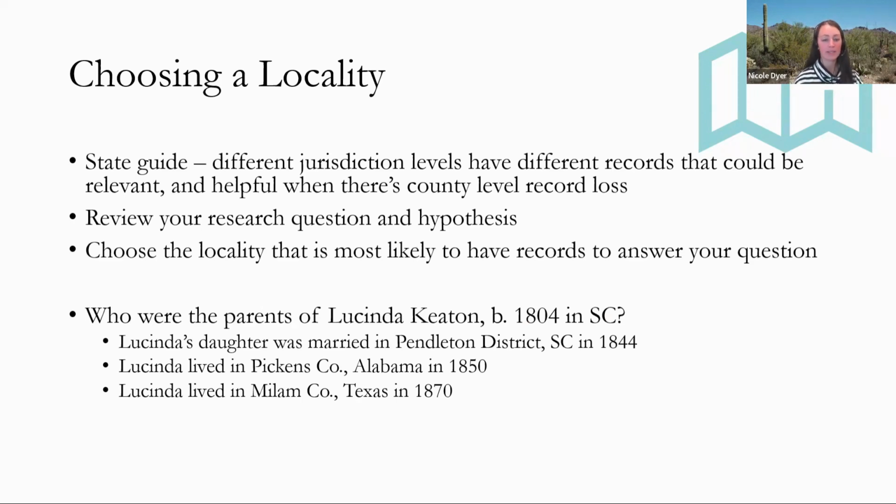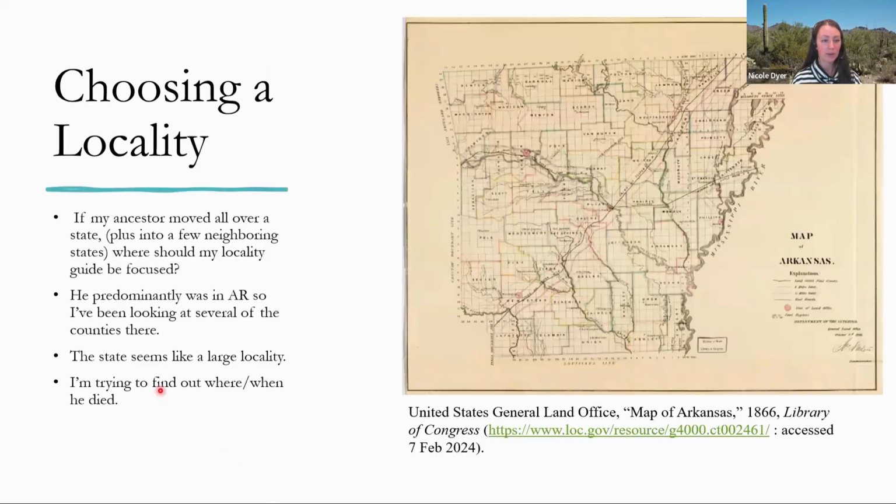However, I might wait to see if you can find a clue from your known information that will lead you to a specific place. So he lived predominantly in Arkansas, and you want to find out when and where he died. Maybe what you need to do next is start with the last known county he lived in Arkansas, and do a guide on that to try to find any clues that will show you where he went.